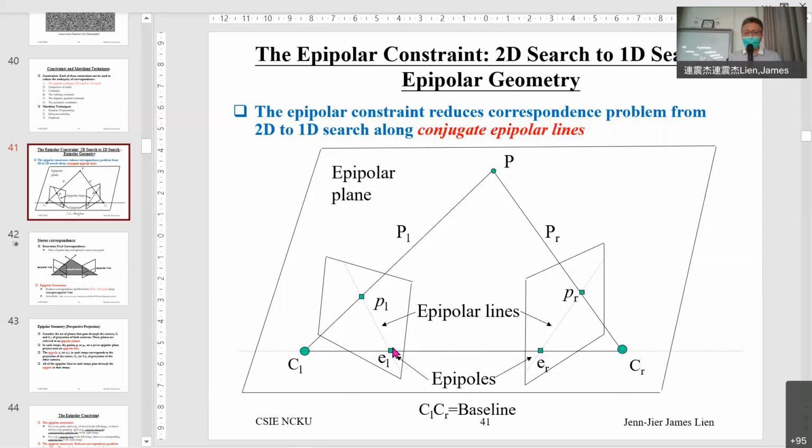This is the other epipole. So we have two epipoles.